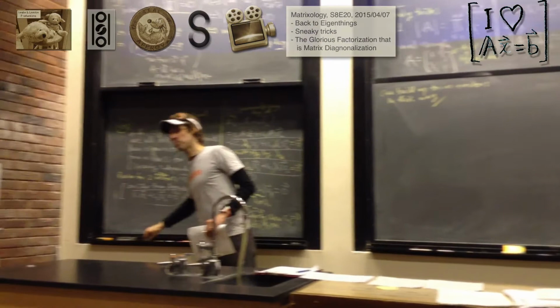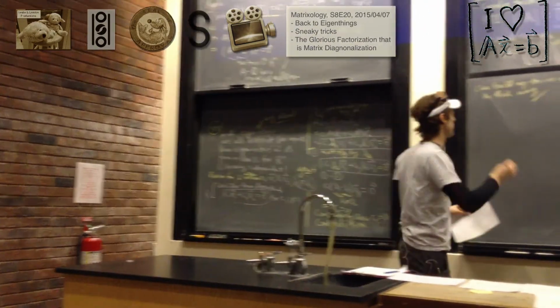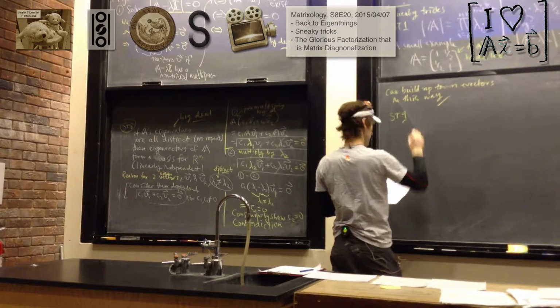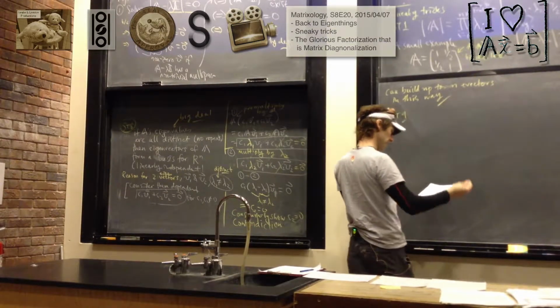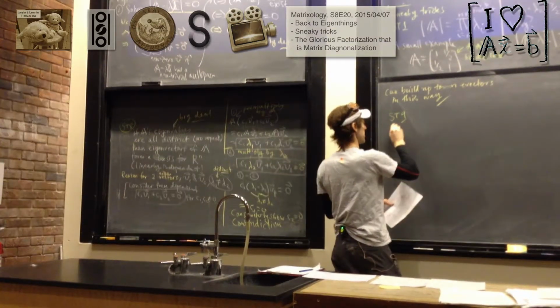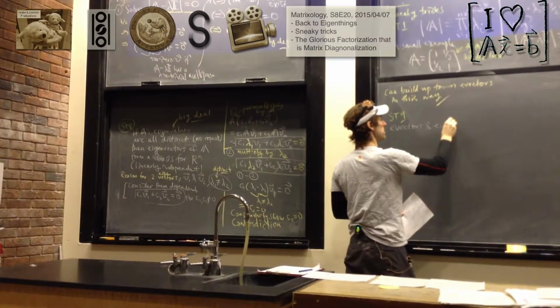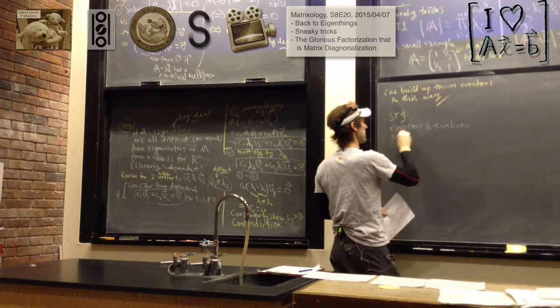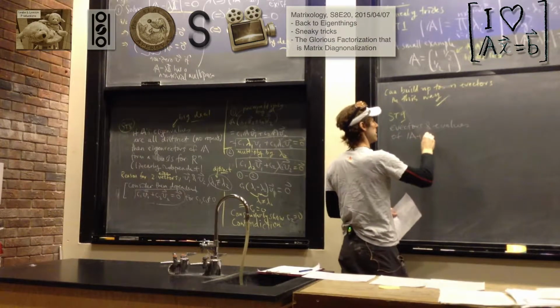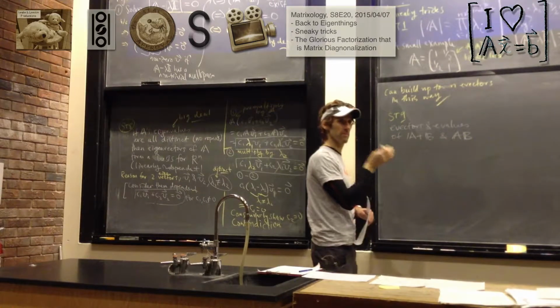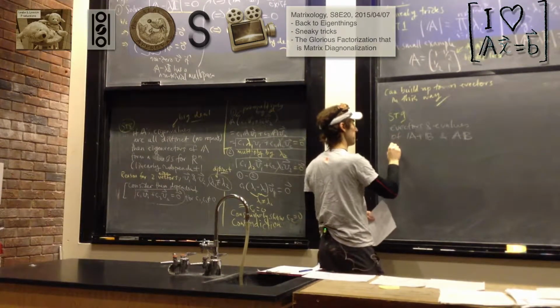So sometimes with products of matrices, things are good. Sometimes they're not great. This is just something to know about. I'm just going to say it. Eigenvectors and eigenvalues of A plus B and AB are not simply related to those of the separate matrices.